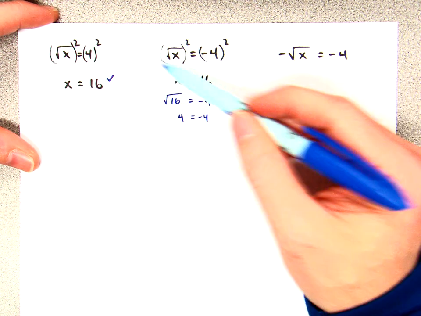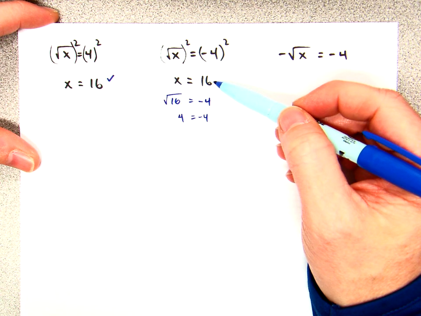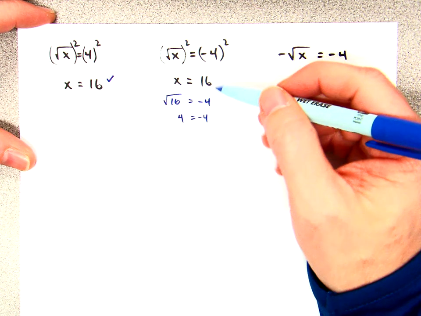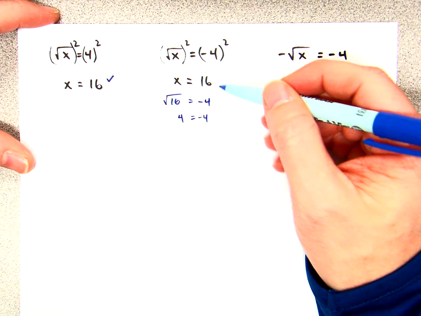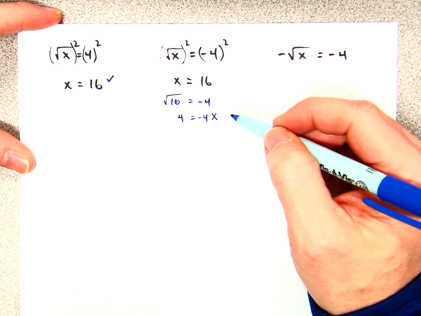When we're solving an equation and we get a solution, these are all the feasible solutions for this equation. Mathematically, if any number was going to work, 16 would be that number. But when we plug it in, we can see that it does not work.